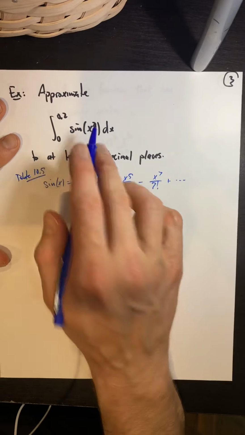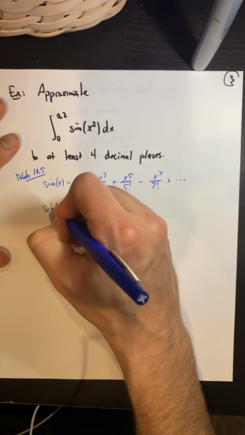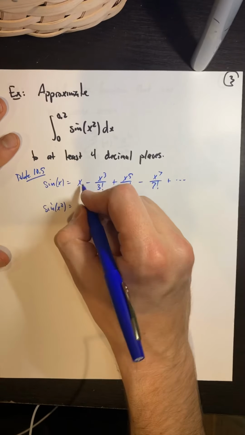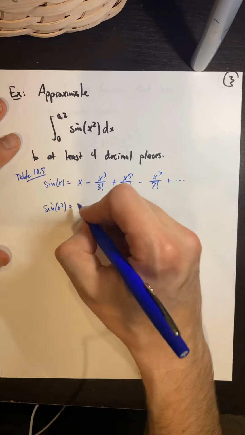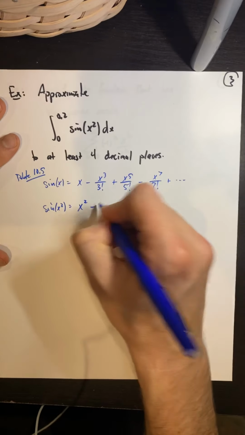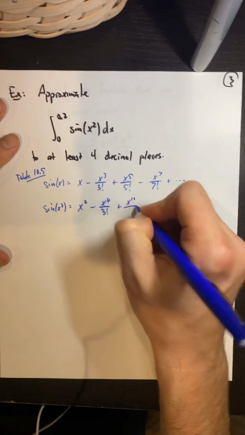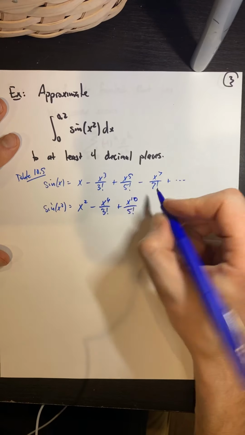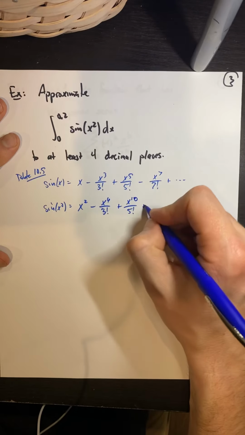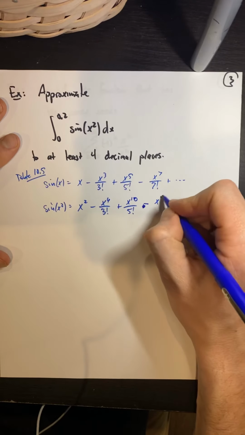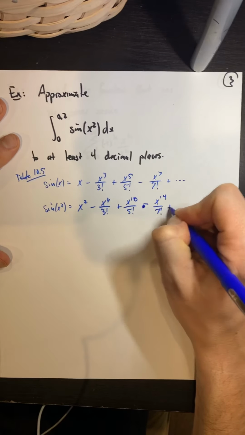So now I can evaluate sine of x squared. So sine of x squared is equivalent to, wherever I see an x, I would replace it with an x squared. So this would be x squared minus x to the 6th over 3 factorial plus x to the 10th over 5 factorial minus x to the 14th over 7 factorial and so on.